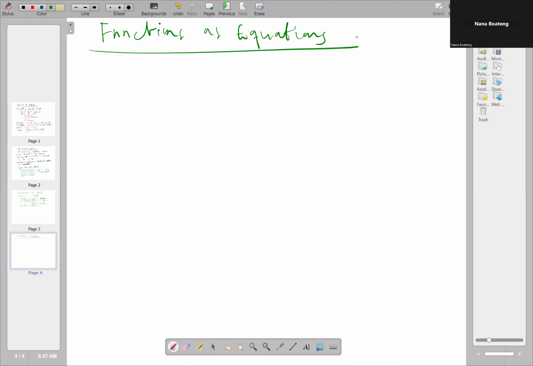So for any function, y is equal to f of x. If we solve for the value of y and get more than one value for the same x value, then this equation is not a function.